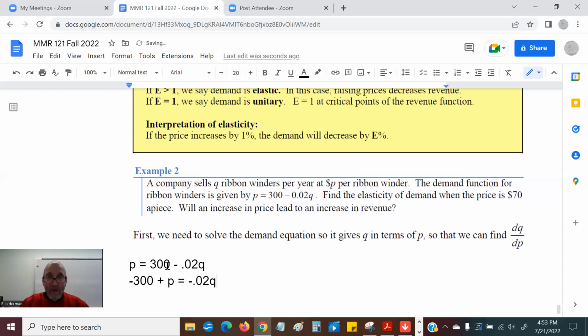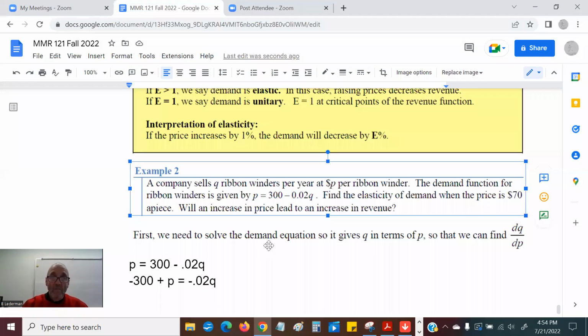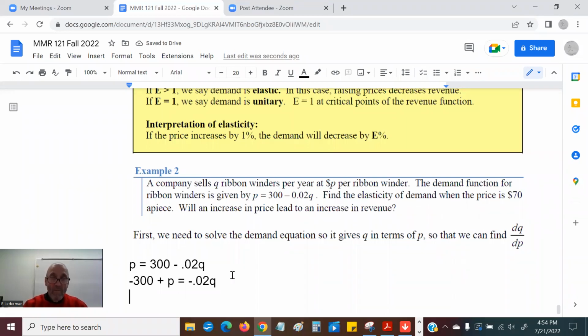Now I'm going to divide everything by negative 0.02, and I get Q is equal to 15,000 minus 50P.